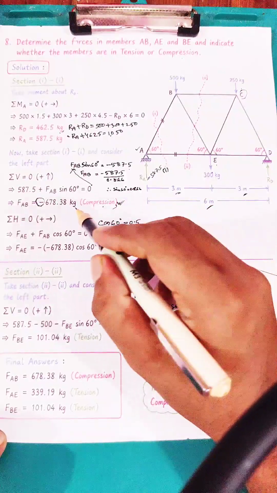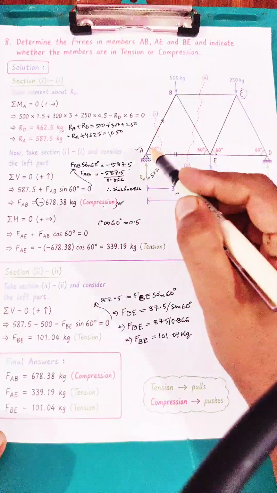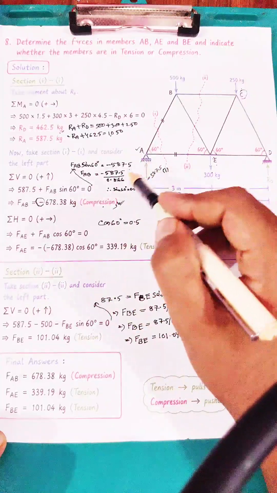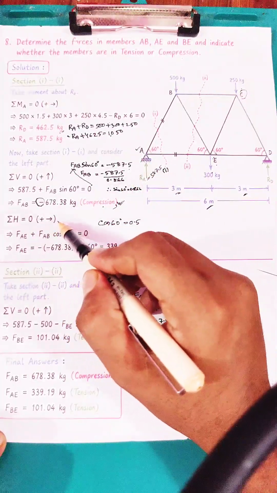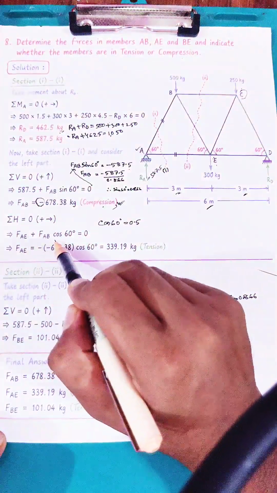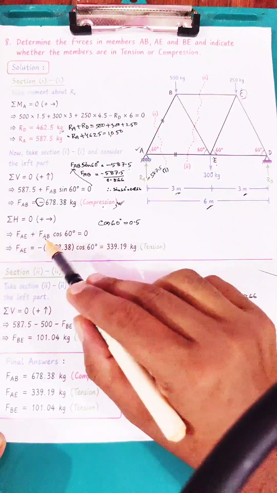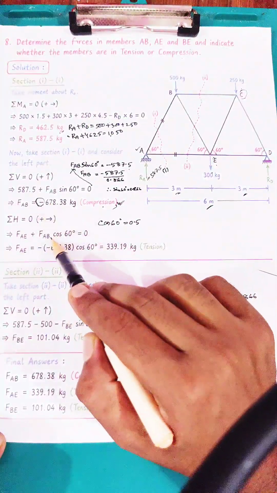So step number 3, we find the force in AE. Next we find the force in member AE. I use horizontal equilibrium, H equals 0, taking the right direction as positive, then FAE plus FAB cos 60 degrees equals 0. We already found FAB equals minus 678.38 kg.